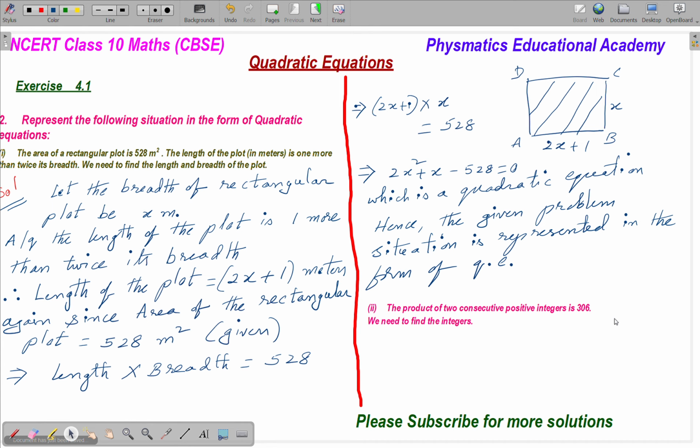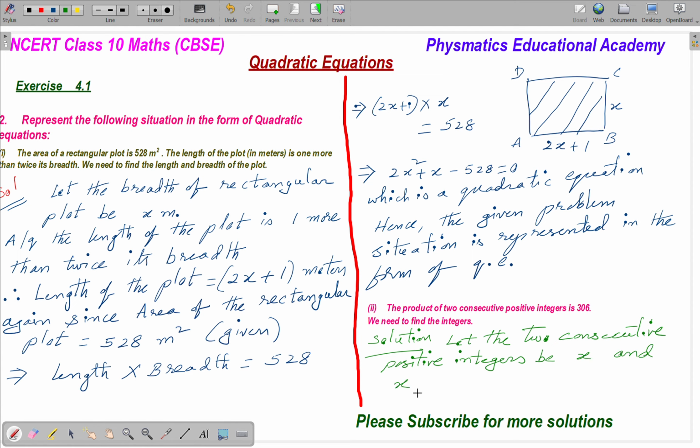Now solution. Let the two consecutive positive integers be x and x plus 1.